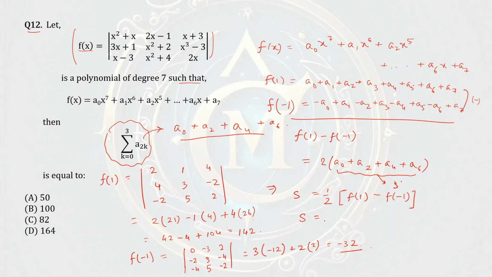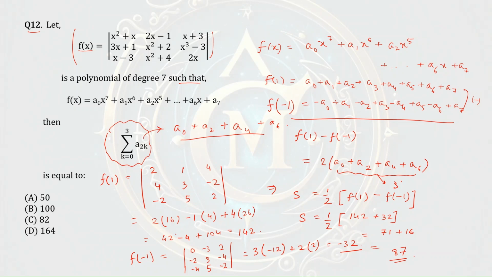So S is half of f of 1, which is 142, minus f of minus 1, which is minus 32, so overall plus 32. So this becomes 71 plus 60, that means it becomes 87. Maybe I did some calculation mistake here. Let me check. I think I did a calculation mistake here.